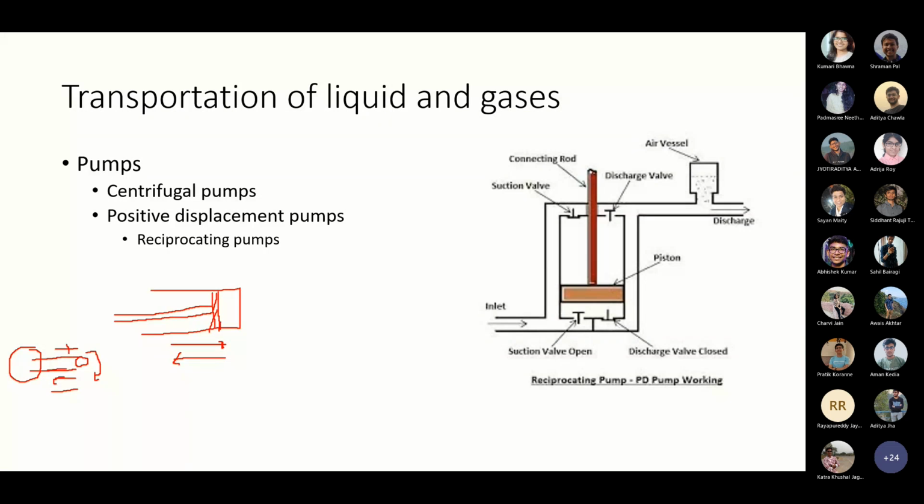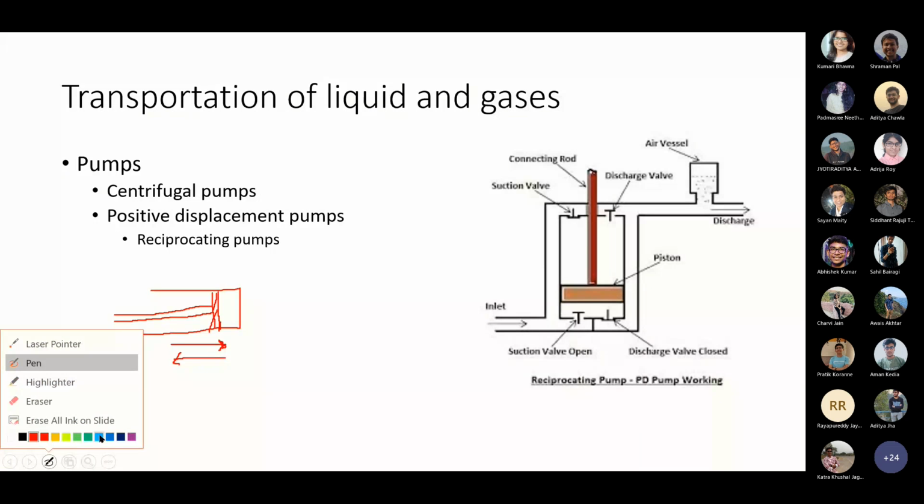Using that bicycle effect, we can connect a rotating shaft in such a way that this moves up and down, in the forward and backward direction. I hope you all know that very simple one.